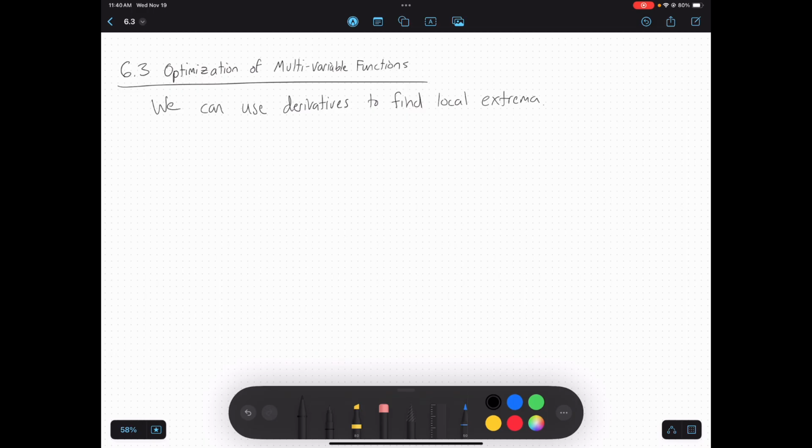What was my process back in chapter 2? If I had some function of x, I would take the derivative of the function, set it equal to 0, and solve for that value. If I ended up getting a value a, such that the derivative at that point was equal to 0, we called that a critical point. Why is this considered a critical point? Because if my function has a local max or a local minimum, it has to happen at a critical point.